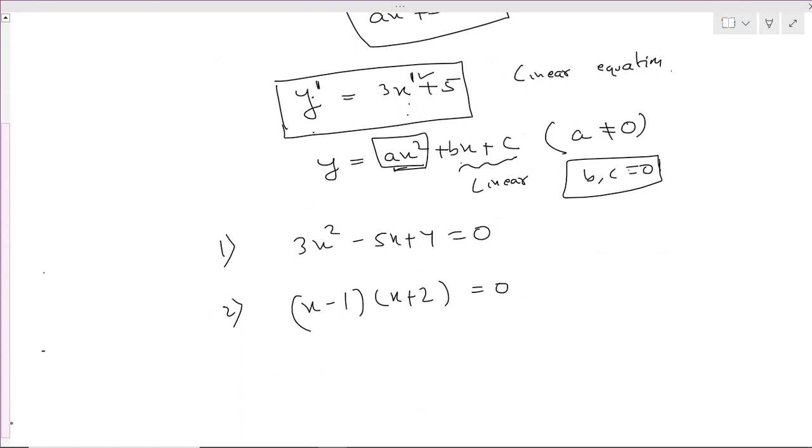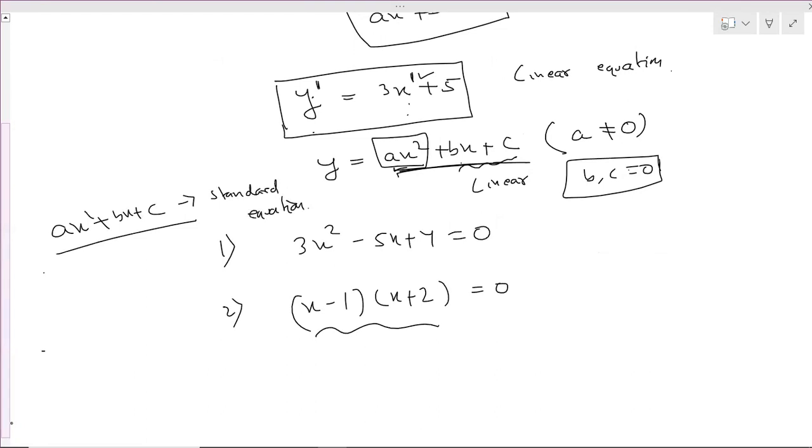Can you tell me what will be the standard equation? ax square plus bx plus c, in this form, is the standard equation. So can you tell me the standard equation of this quadratic equation? It will be x square plus x minus 2. Absolutely correct. So no doubts in this.